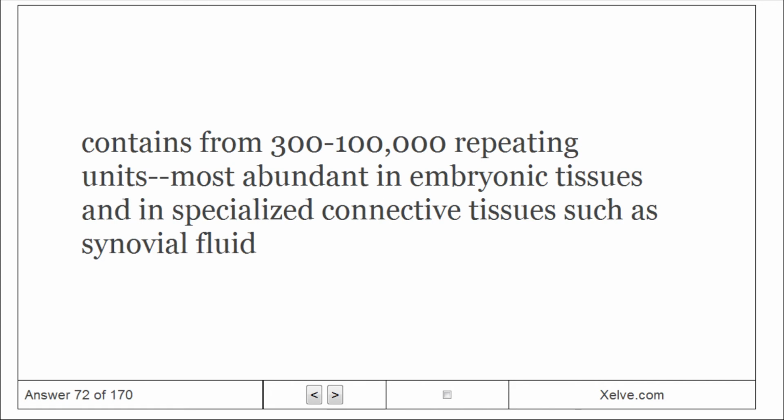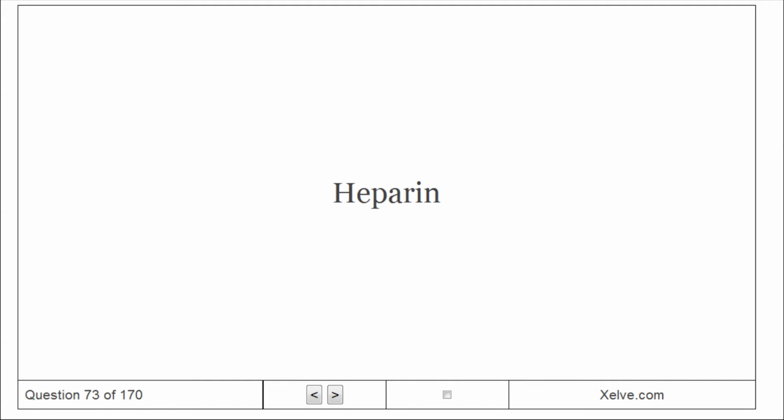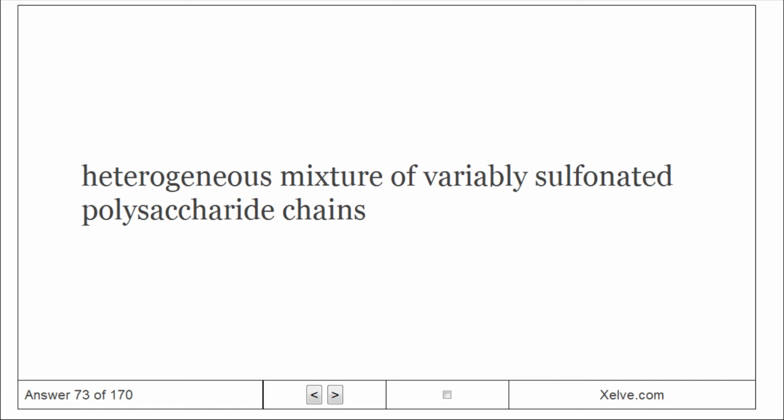Contains from 300 to 100,000 repeating units, most abundant in embryonic tissues and in specialized connective tissues such as synovial fluid. Heparin. Heterogeneous mixture of variably sulfonated polysaccharide chains.